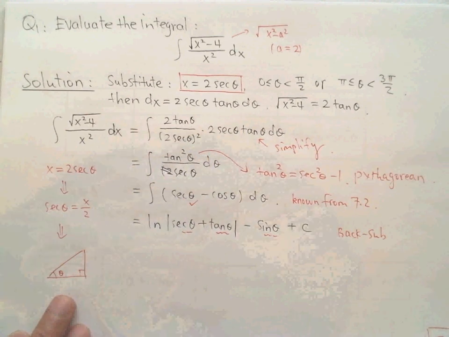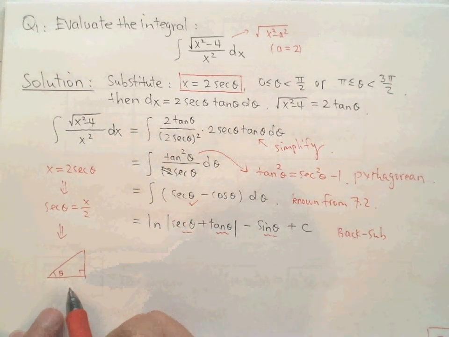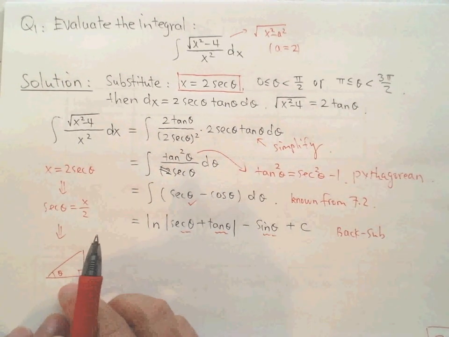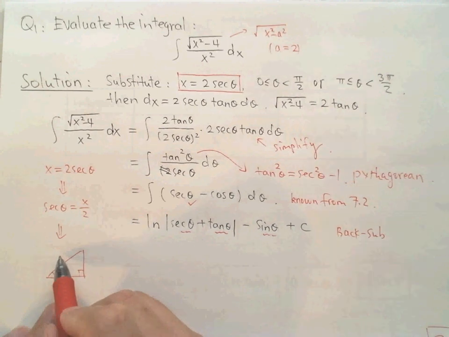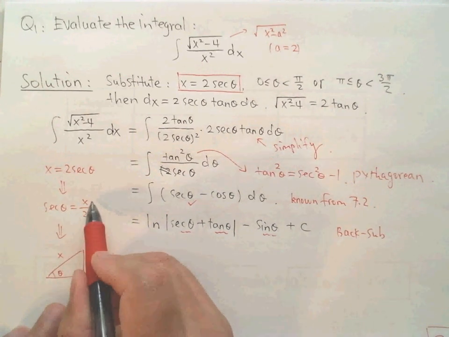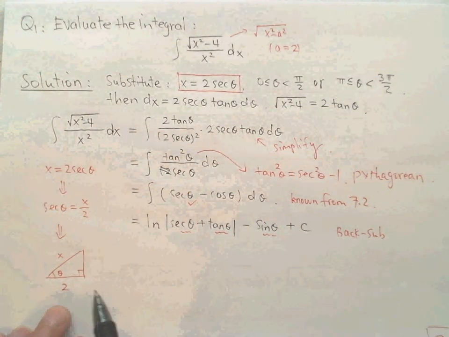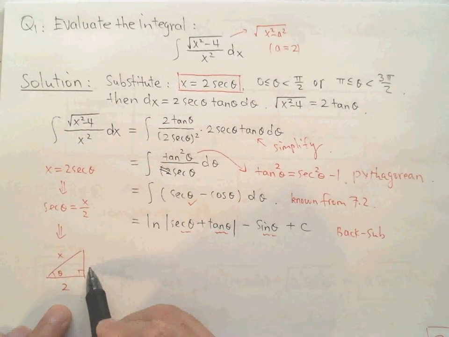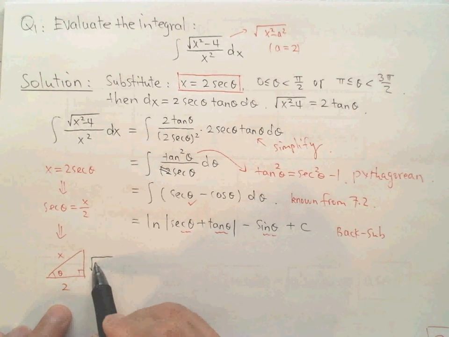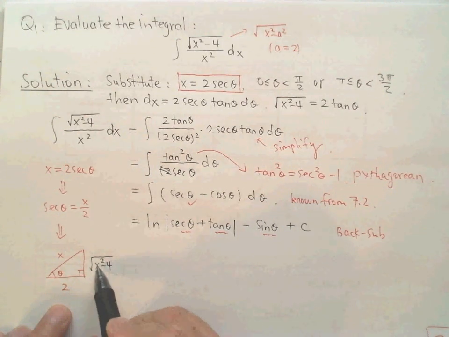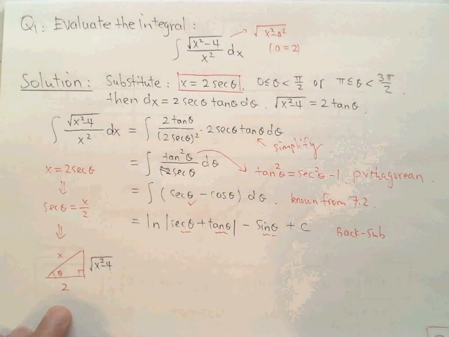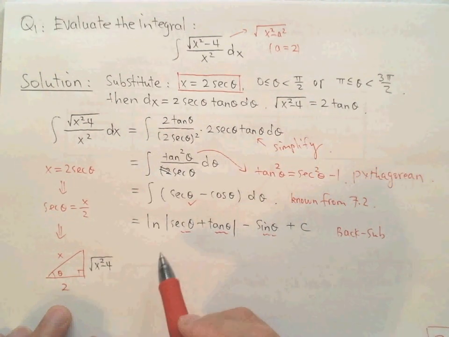I put the theta here. Secant is the hypotenuse over adjacent. The hypotenuse I put here, over adjacent I put here. Now I use the basic Pythagorean theorem. I can solve this side. This side should be the square root of x squared minus 4, right? Good. And now we have everything.